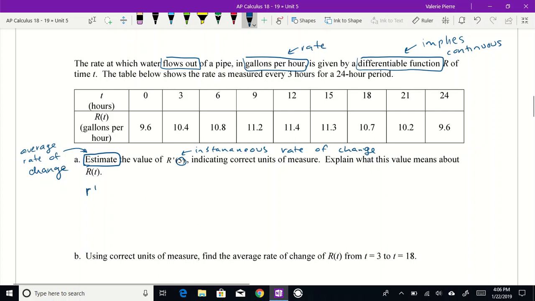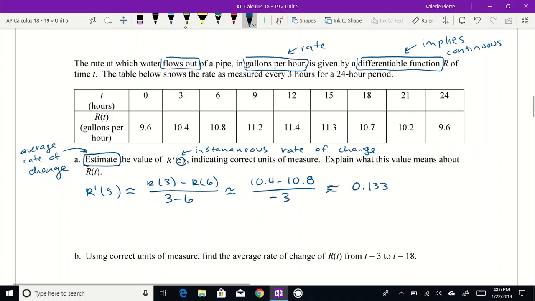So r prime of 5 is approximately going to be equal to r of 3 minus r of 6 all over 3 minus 6, which is approximately 10.4 minus 10.8 over negative 3, which is approximately 0.133 gallons per hour.